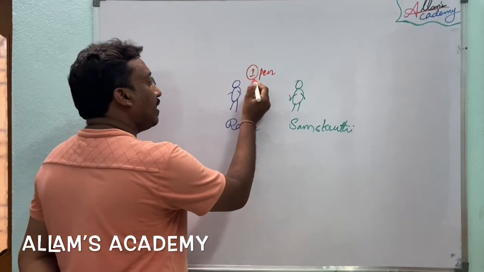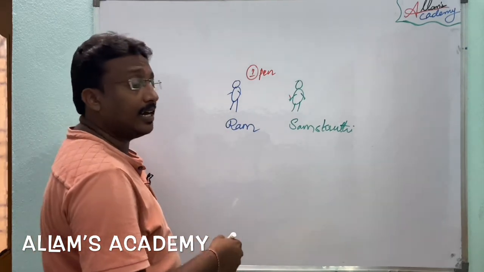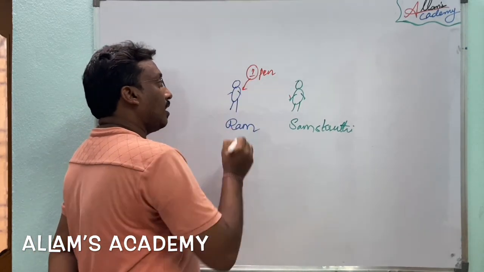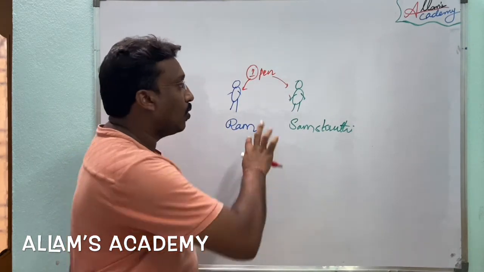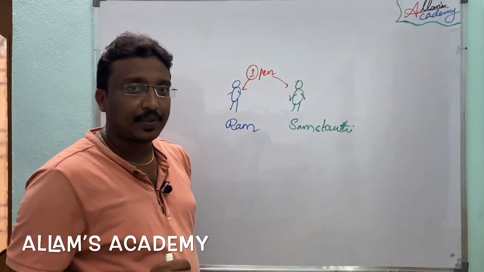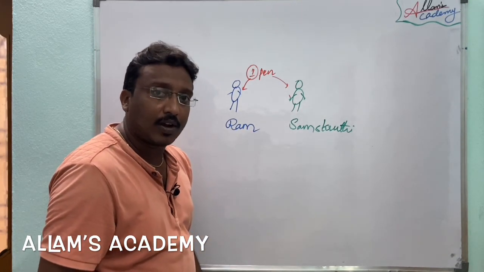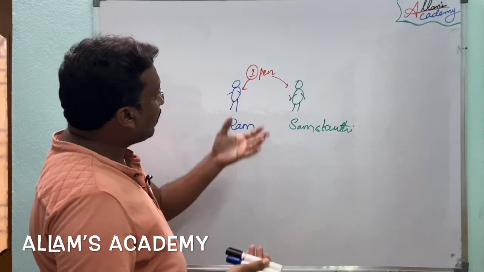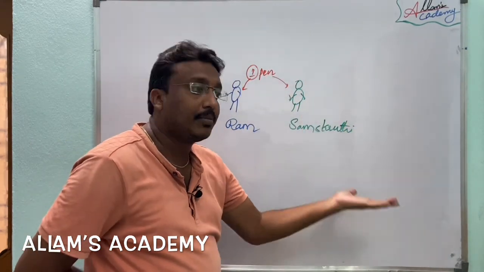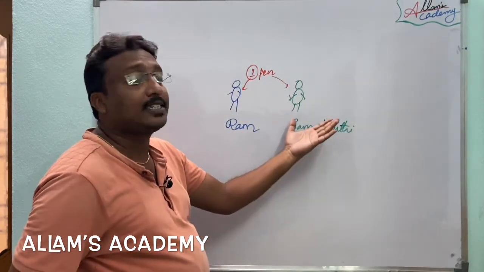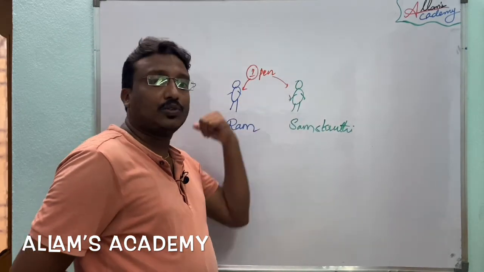Both require the same pen. In such a case, what will they do? Ram is not interested in losing the pen to Samskruti, and at the same time Samskruti is also not interested in transferring the pen to Ram.